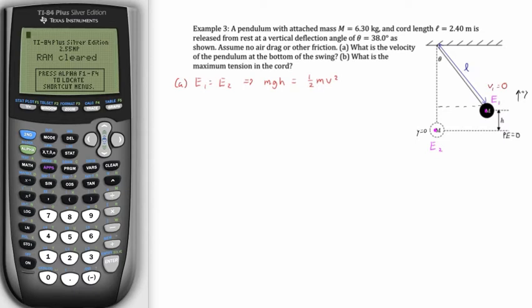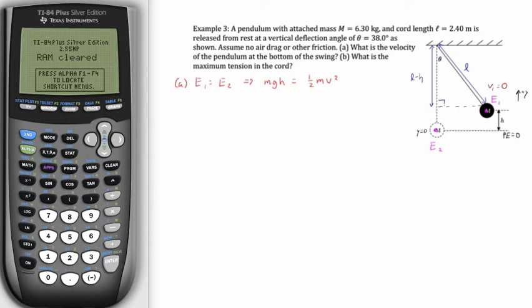So we have right here that this length, as I've drawn it, is going to be L minus h. Okay, so that's L minus h. So now we have a right triangle where one leg is L minus h, the hypotenuse is L, and we have our angle that's given right there in the corner.